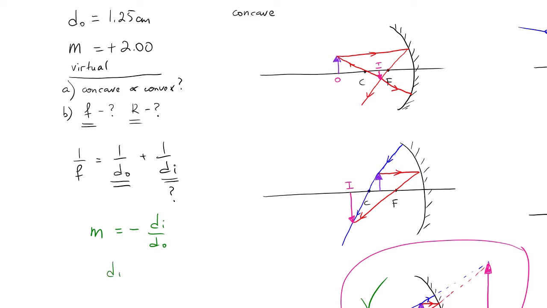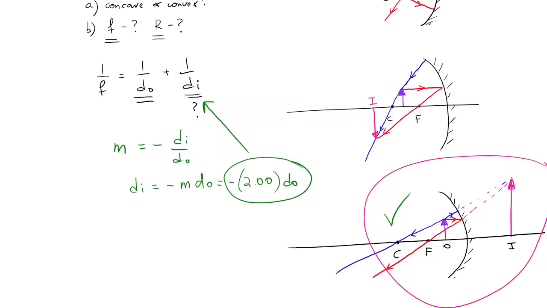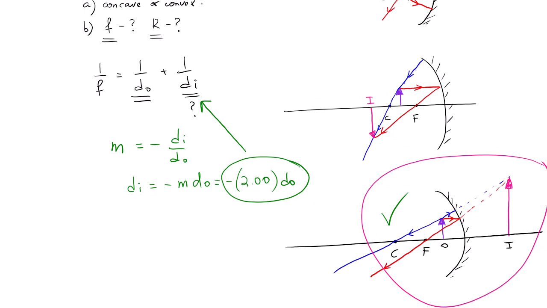So the distance of the image equals negative m times the distance of the object, which equals negative 2.00 times d_o. So I want to plug this into here. Let's use a little bit more space.